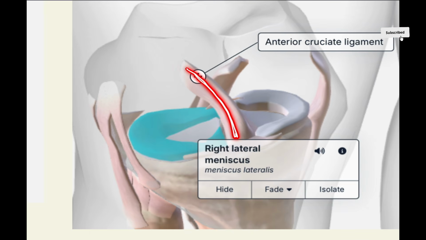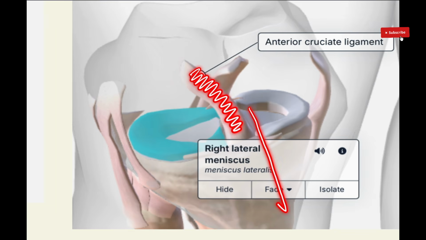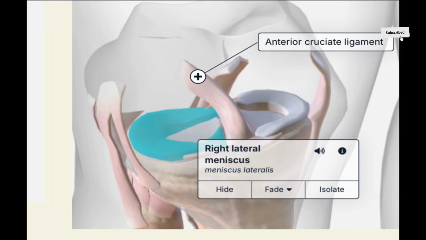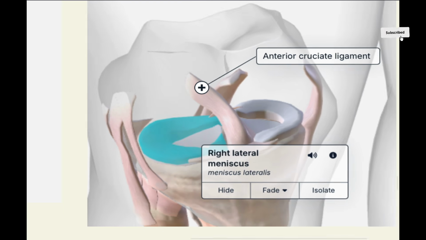What you are seeing here is your anterior cruciate ligament, and from the posterior aspect, this is your posterior cruciate ligament. The ACL will not allow anterior translation of the tibia. It protects the tibia from moving anteriorly, while the PCL protects against any blunt force coming from the anterior aspect and will not allow the tibia to move posteriorly.